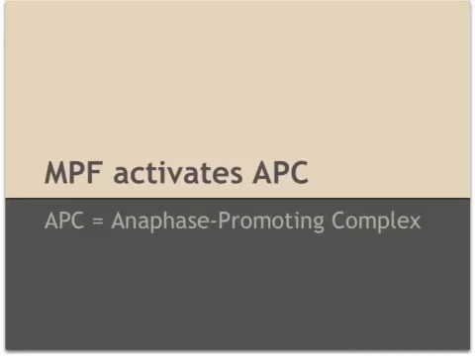Mitosis promoting factor activates a new complex of proteins called anaphase promoting complex, APC. Sometimes you'll see it as APC/C because it has another name that we don't need to worry about right now. So let's talk about anaphase promoting complex.